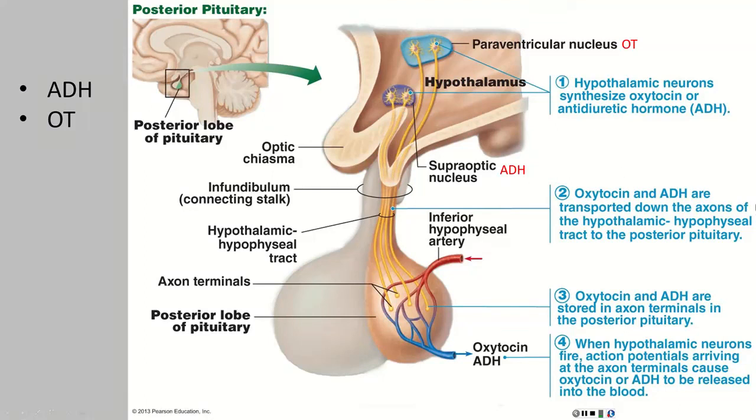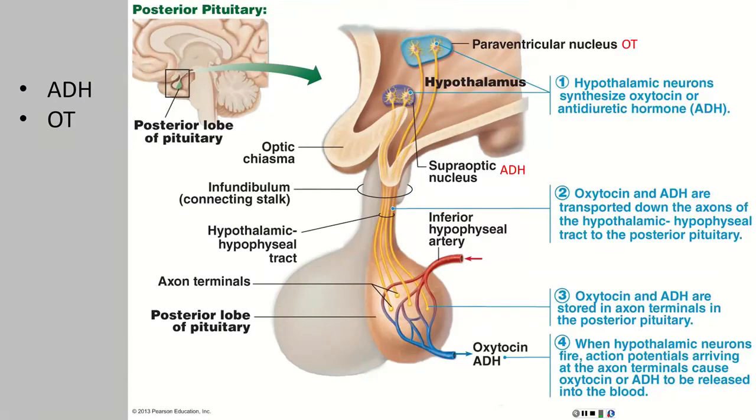Next, let's look up here at the periventricular nucleus. This is where oxytocin is made. So oxytocin's stimuli include cervical stretching, stretching of the cervix of the uterus, suckling when an infant goes to nurse, and intimate touch when you're either holding a baby or you are being intimate with your romantic partner.